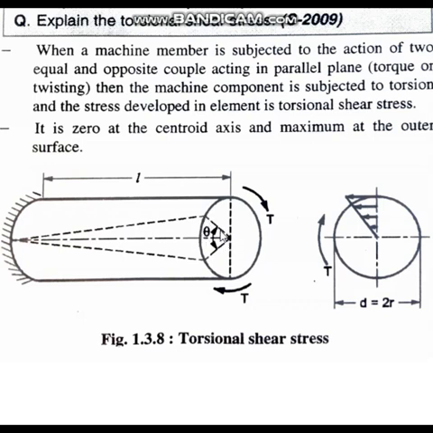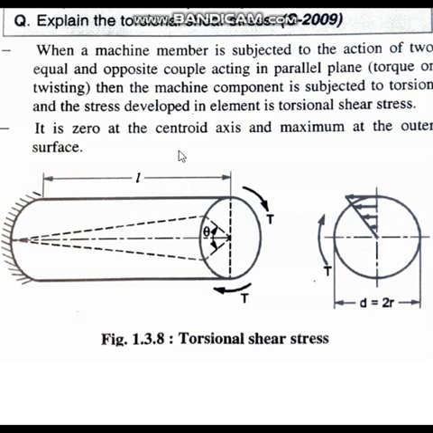The angle by which it is being twisted is called the twisting angle. So what is the definition here? When a machine member is subjected to the action of two equal and opposite forces, that is called a couple. Couple means two forces acting in parallel planes. When there is torque or twisting, the machine component is subjected to torsion.